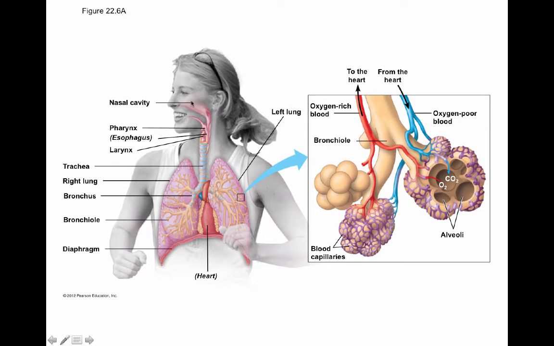The air comes in the nasal cavity and the pharynx and goes through the trachea, through the bronchus, into the bronchioles, and at the end of the bronchioles are these alveoli. Mammals have a diaphragm and a strong rib cage. As the diaphragm pulls down, it creates a negative pressure which pulls air into the lungs, and as it goes back up, it pushes that air back out.